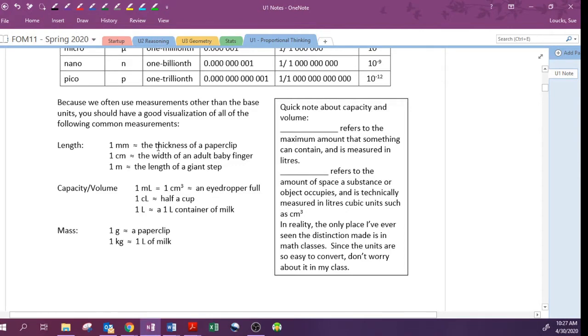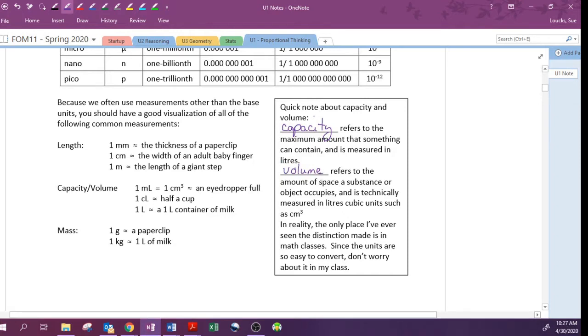Capacity and volume, I just want to talk about that briefly. The term capacity refers to the maximum amount that something can contain, and it's measured in liters. Volume refers to the amount of space that something takes up, and it's actually measured in cubic units.